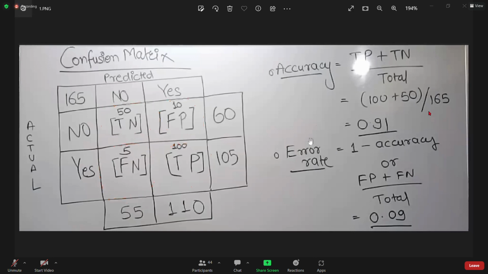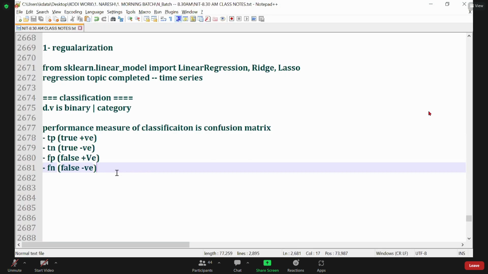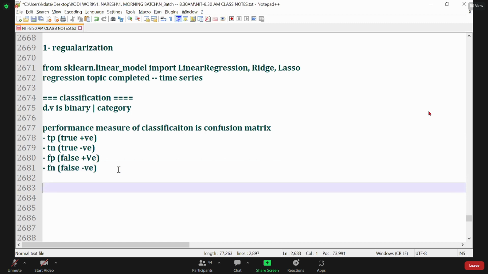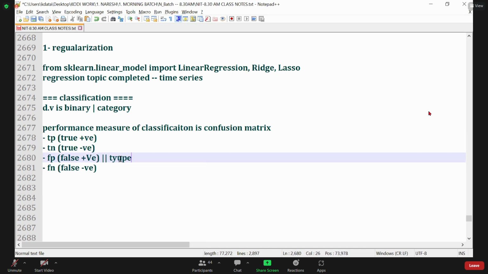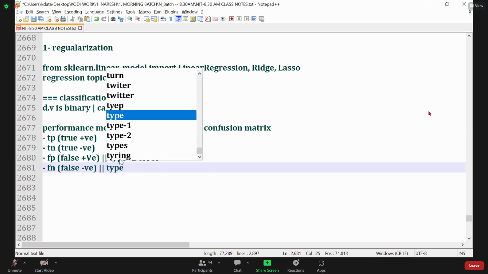Now, why do we learn this? Because we want to minimize errors. I will explain. So we have four things: TP, true positive, and FP, which we also call type 1 error, and FN, which is type 2 error.